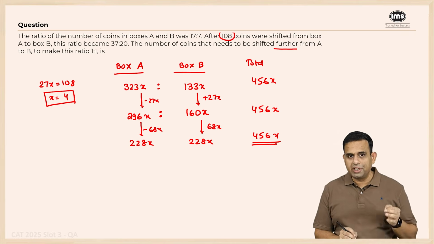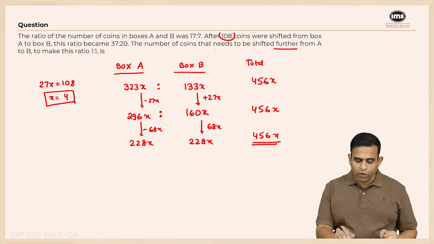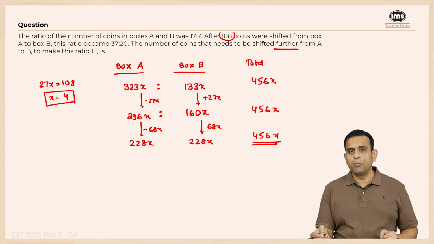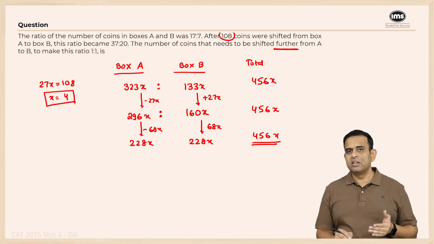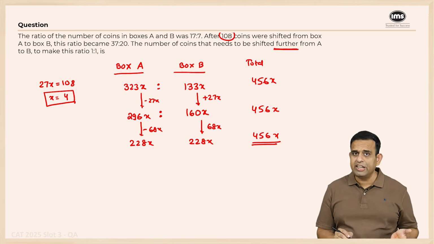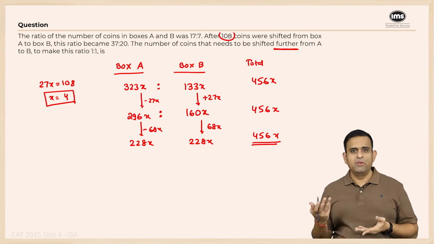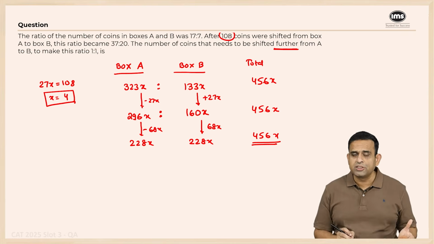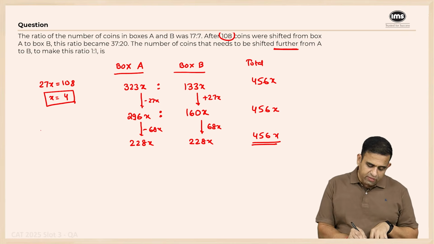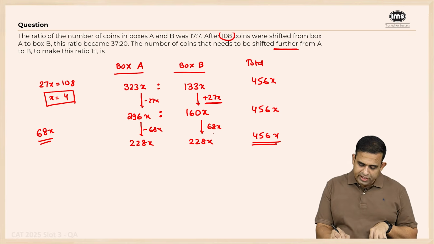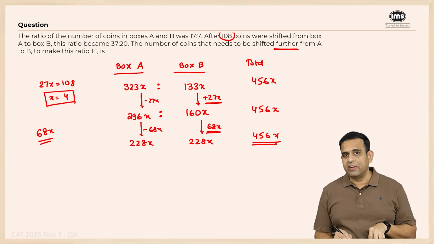So please note, here they are saying the number of coins that need to be shifted further from A. So from here to here, we are going to decrease the number of coins in box A by 68x. And you can see that will lead to an increase of 68x coins in, let's say, box B. So the task here is to find out the value of 68x. Now 27 plus this part will become 95x.